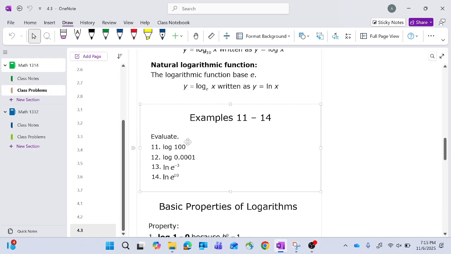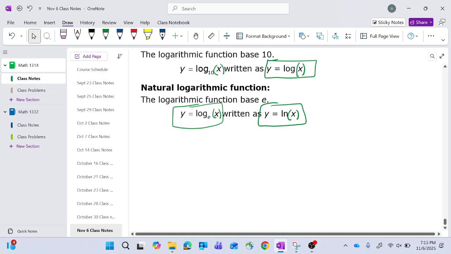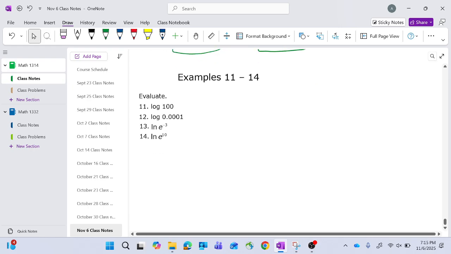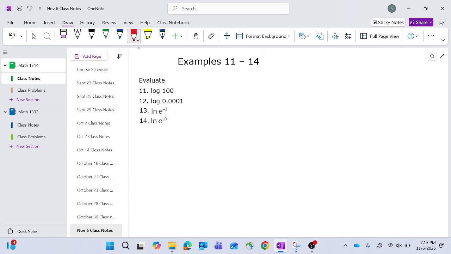All right. So now we're gonna evaluate these. Number 11, log of 100. So remember, anytime you want to evaluate a log, just set it equal to x.